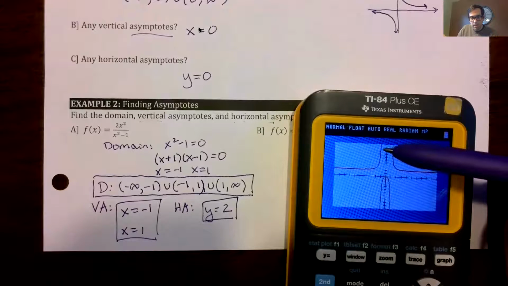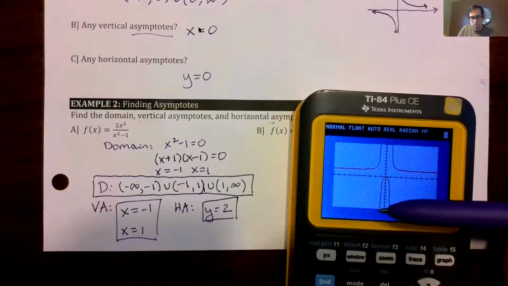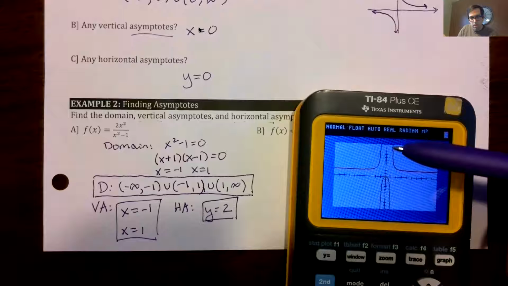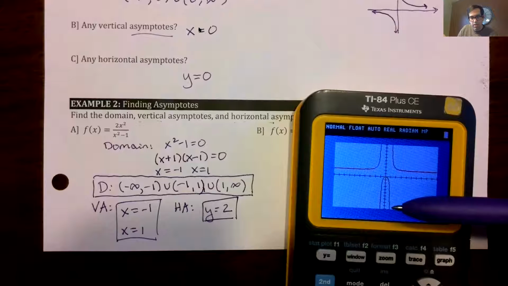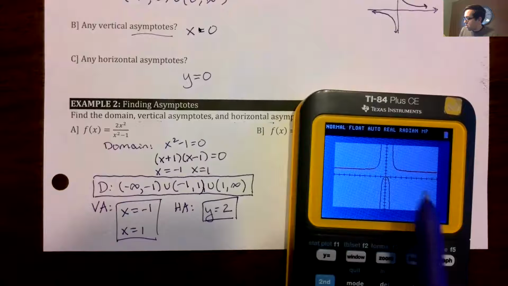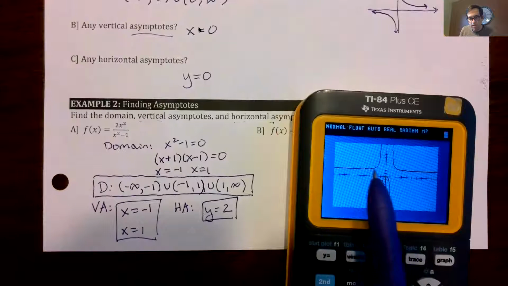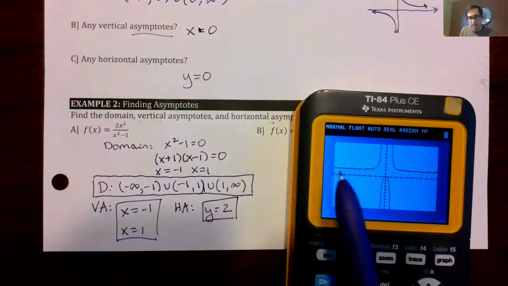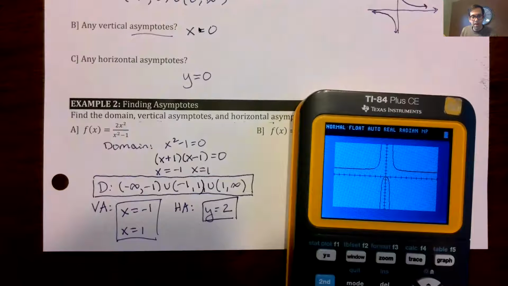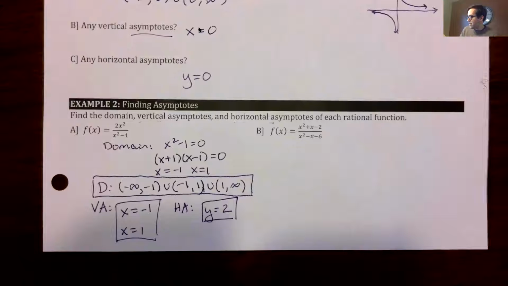So you can see x equals -1 is that vertical line right there. x equals 1 is that vertical line right there. So you can see we have those asymptotes. And then horizontal at y equals 2. You can see as we go to the left and to the right, the function's approaching that horizontal asymptote. So we found all the asymptotes, everything worked out, we're good, all right?